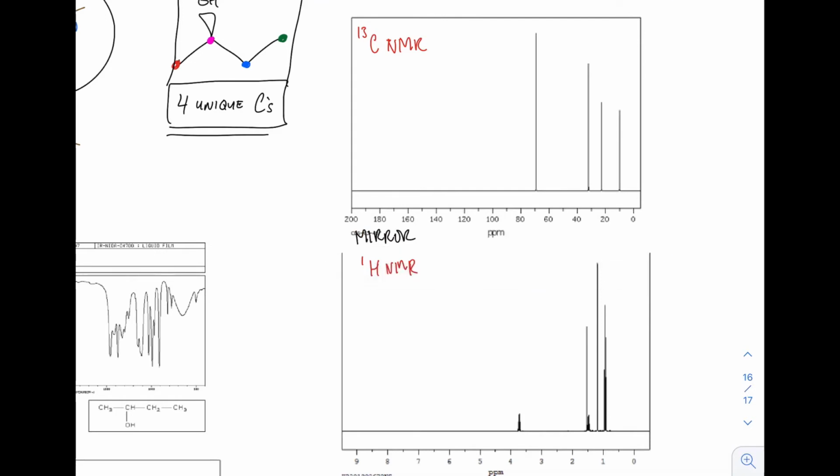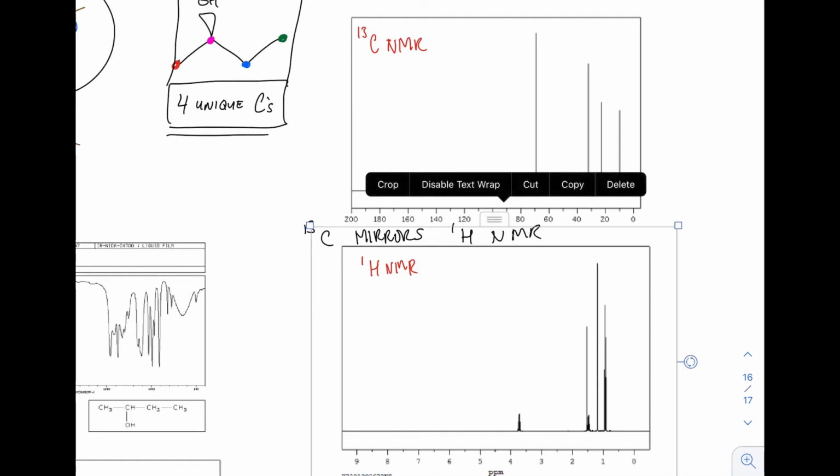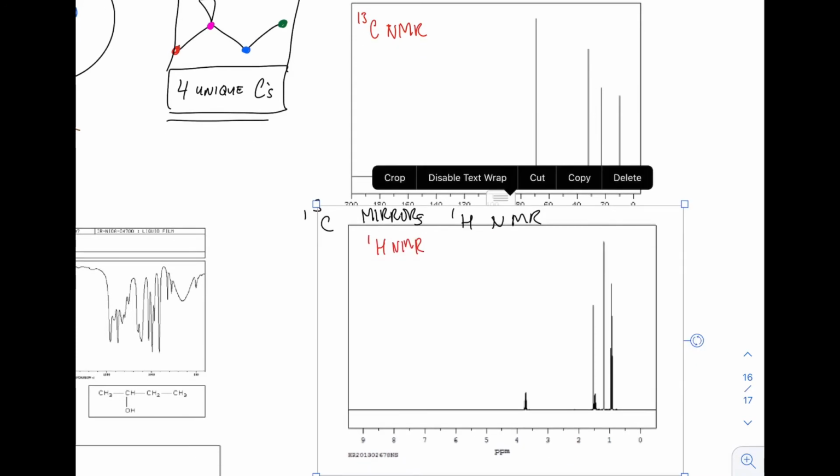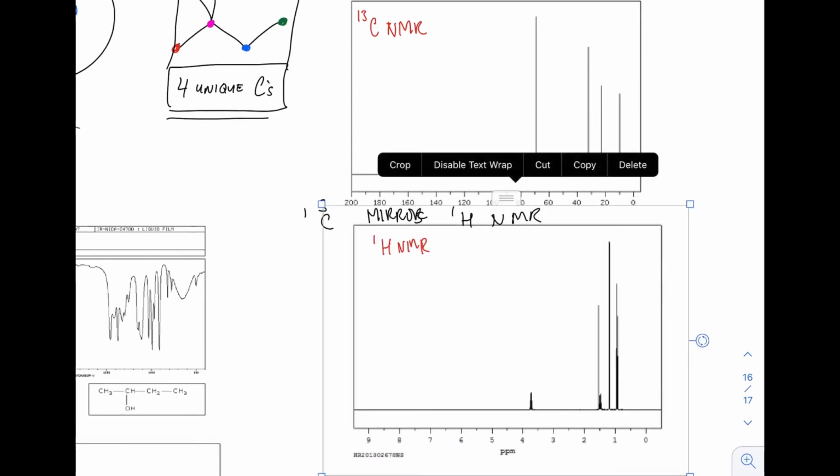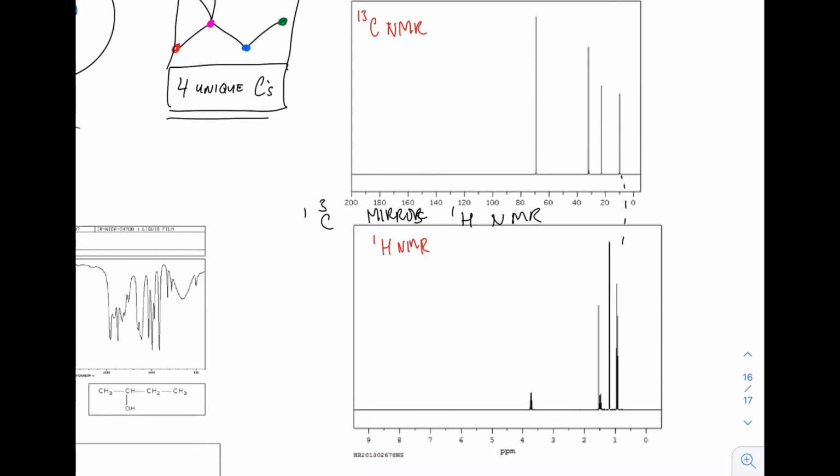I would say actually that the carbon 13 mirrors the proton NMR. Let's see if we can move this over a little bit so that it's more obvious. You can see that this peak right here is more or less the same relative area as these three, and then we have one that's further downfield that corresponds to that one.